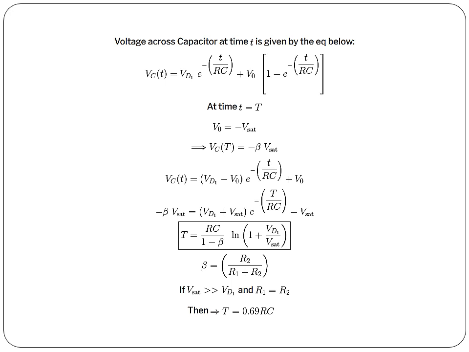T is equal to RC by 1 minus beta times log of (1 plus Vd1 by saturation voltage). So beta is equal to R2 by R1 plus R2. If beta saturation is greater than Vd1 and R1 is equal to R2, finally we get the time period of this circuit as T is equal to 0.69 RC. Thank you.